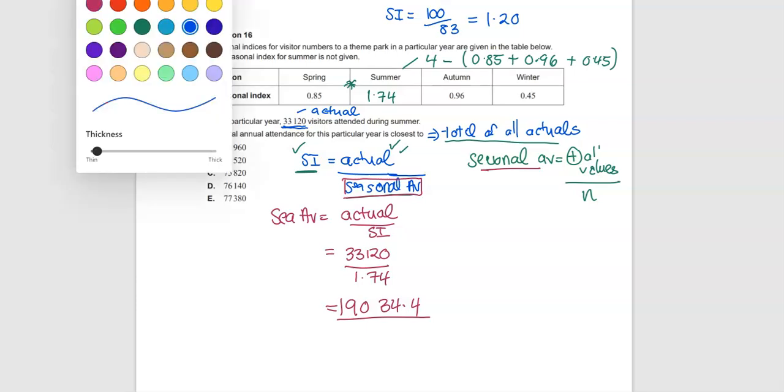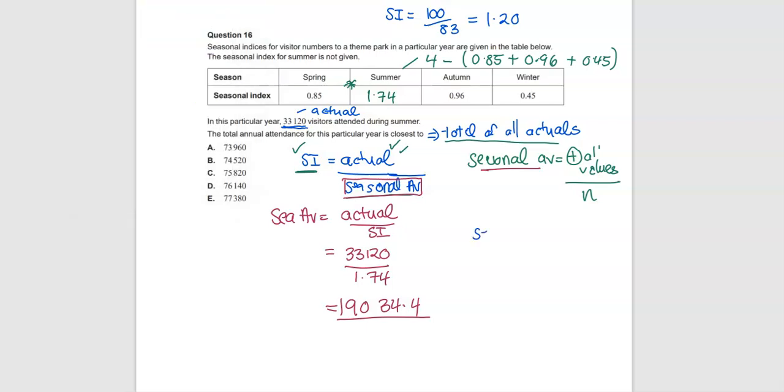If I do the seasonal average times the number of seasons, that will give me the total of all the numbers. So I'm going to do this number times 4, which ends up equaling 76,140, which is there.